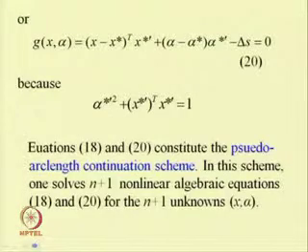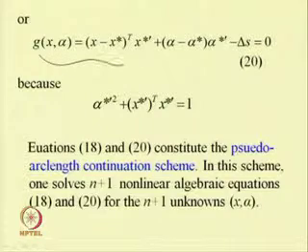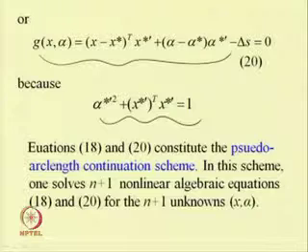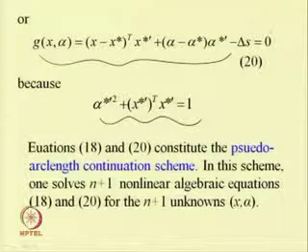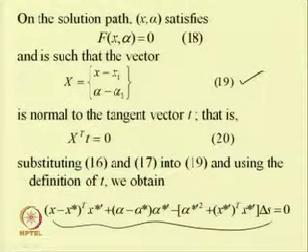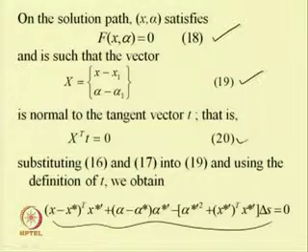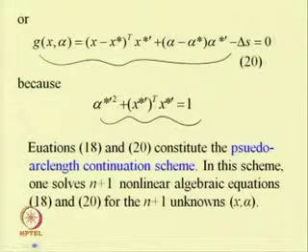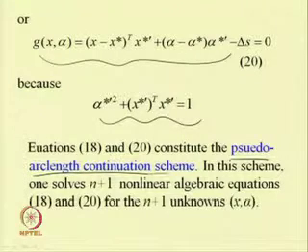From this one can get this equation. As we have this equal to 1 due to the condition we have taken, we have this equation. So, equation 18 and 20 constitute, this equation 18 and this delta x transpose t equal to 0, the pseudo arc length continuation scheme.